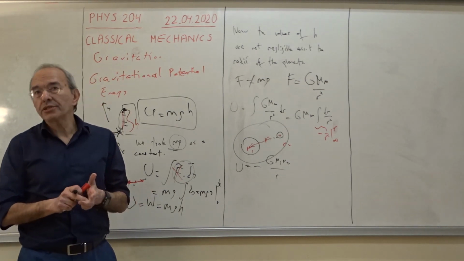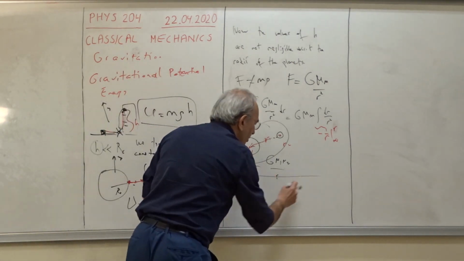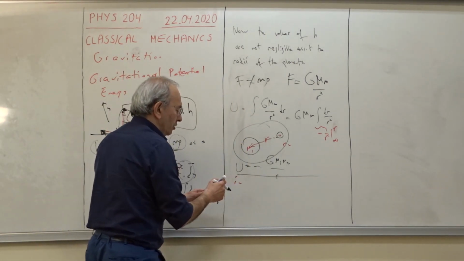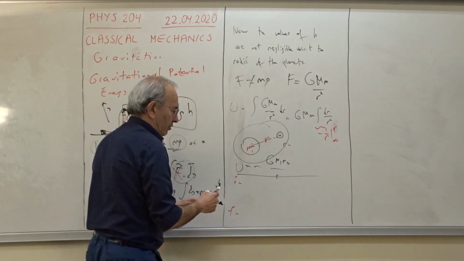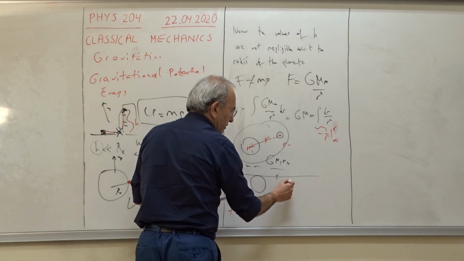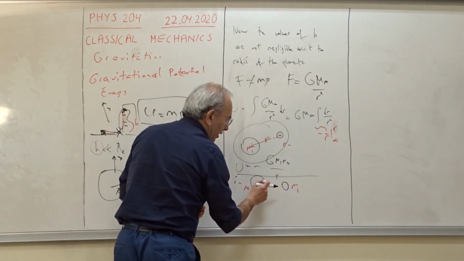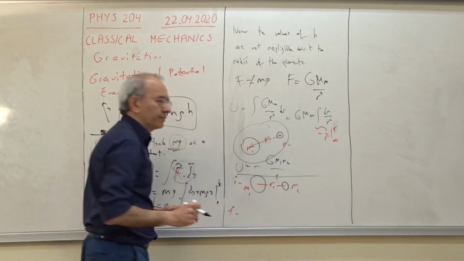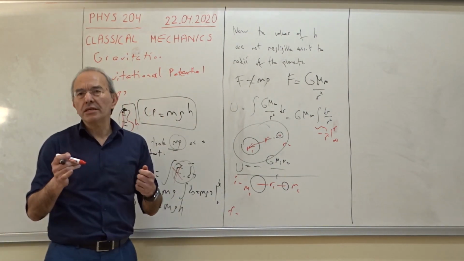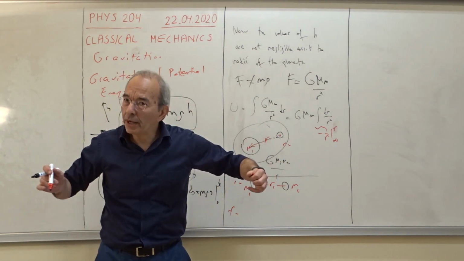But if you change this configuration to a new configuration, for example, let's say the initial value and final value. The initial case is we have the first object and second object, mass M1, mass M2, at a distance of R1. Now, by some means, for example, we try to take them a little further apart.